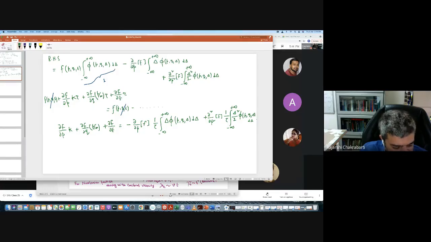Because of this external potential, there is a force acting on this particle, and because of this force, the particle position and momentum is changing. You can definitely integrate over the position jump, but if we don't do that... maybe I'll come back with a better answer in the next class.